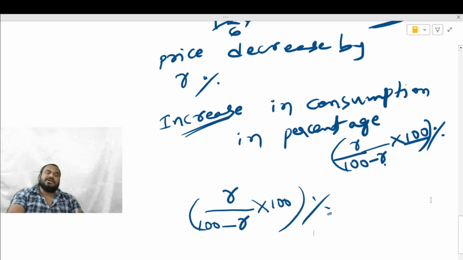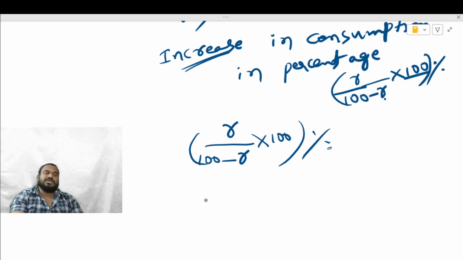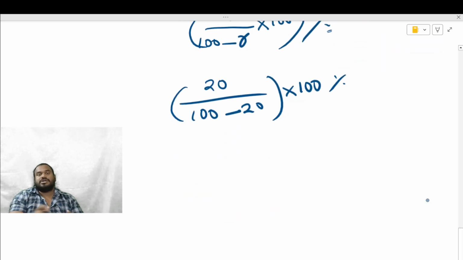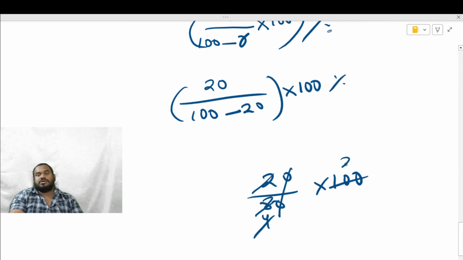For the same example, suppose the price is decreased by 20%, then consumption will increase by 20 by 100 minus 20 into 100, which is nothing but 20 by 80 into 100. 2 1 the 2 4 the, 25%. Consumption will increase by 25%.